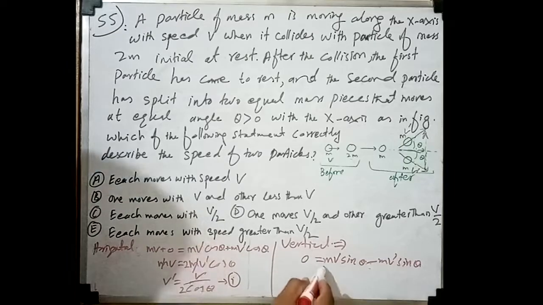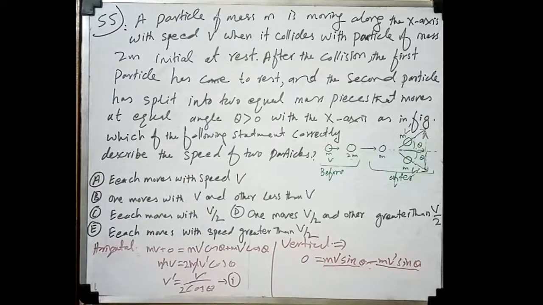These two momenta are in opposite directions but the same in magnitude, so there is no momentum before and after collision in the vertical direction. But in the horizontal direction, there is momentum: mv equals 2 mv prime cos theta. Taking out v prime from this formula, v prime equals v over 2 cos theta.